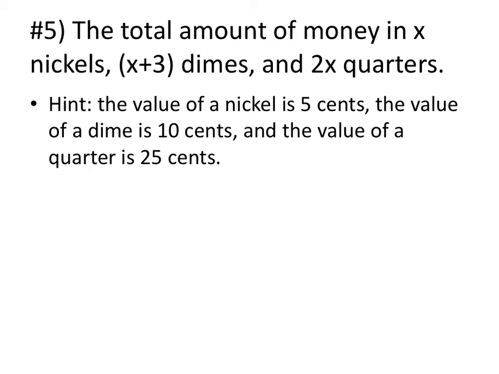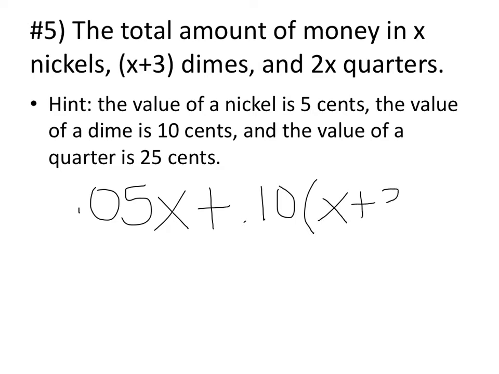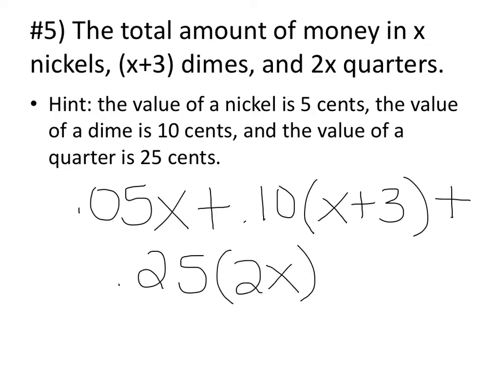The total amount of money in x nickels, x plus 3 dimes, and 2x quarters. So x nickels would be 0.05x, because a nickel is 5 cents, plus dimes would be 0.10 times x plus 3, plus quarters is 0.25, because 25 cents is a quarter, times 2x quarters. So we're going to go ahead and distribute.